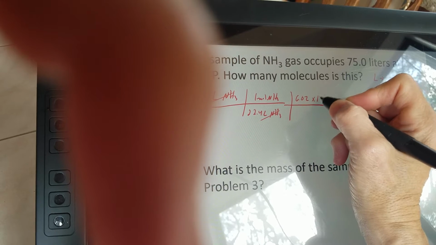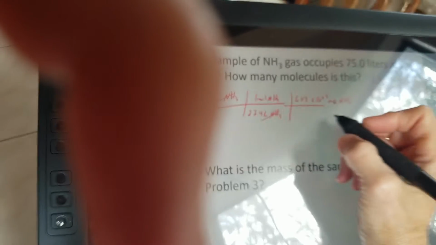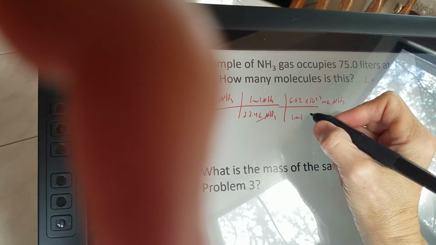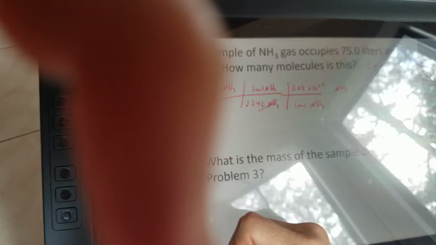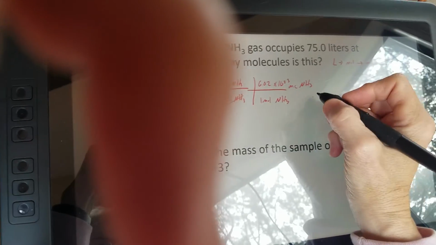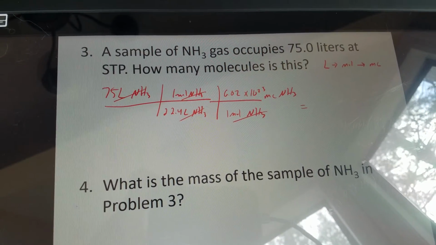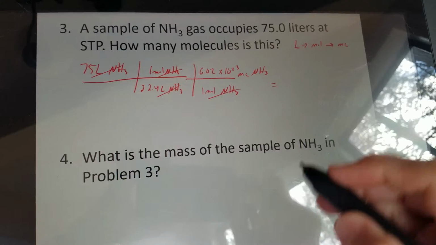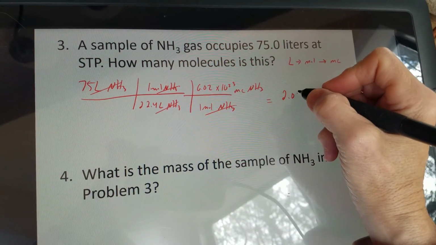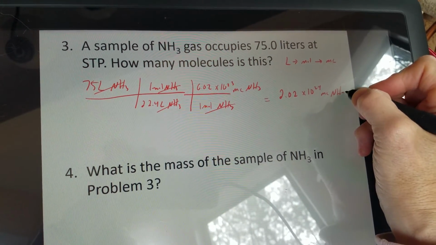So that's going to be the 6.02 times 10 to the 23, and my 1 mole here on the bottom. So mole units are going to cancel there. So now when I'm doing my actual calculation, I would say 75 divided by 22.4 times 6.02, the EE 23, and I'm going to get 2.02 times 10 to the 24 molecules of NH3.